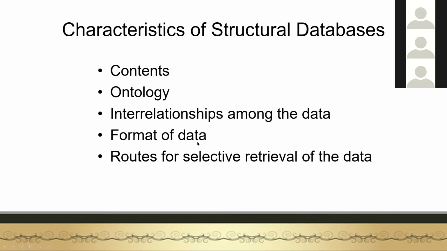And the rule of selective retrieval would vary depending on which website you access. So it also provides links to other data sources. Normally the web-based version of UniProt or other databases will allow you to link among various data sources.